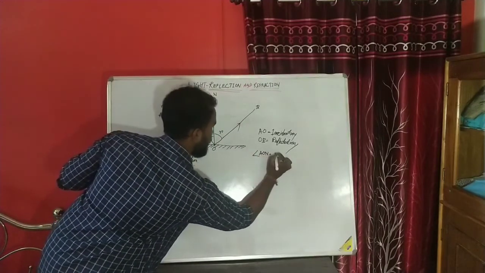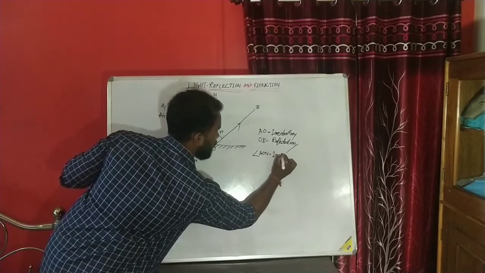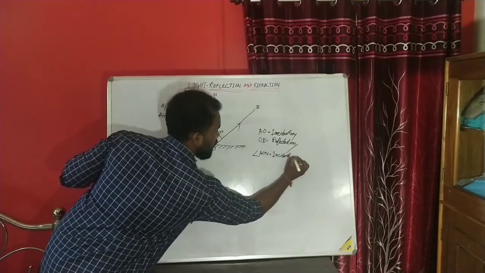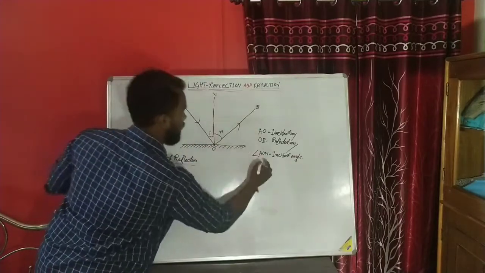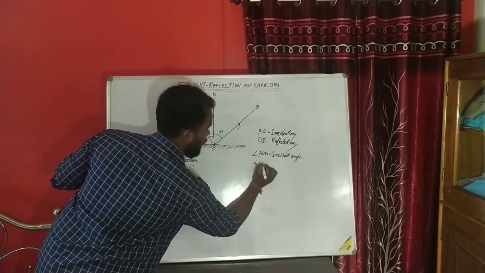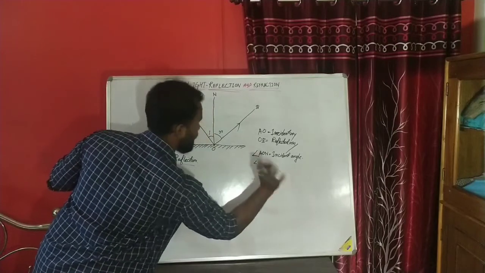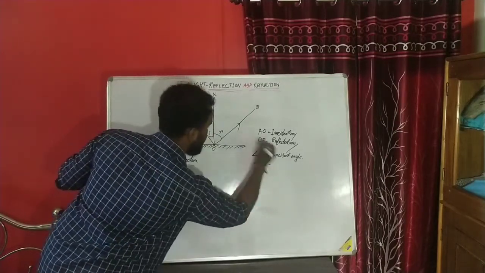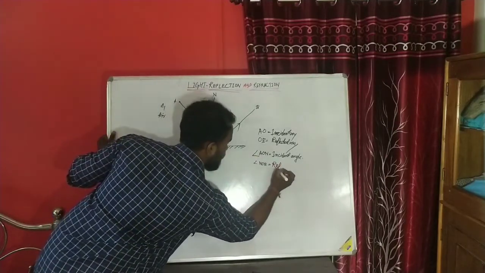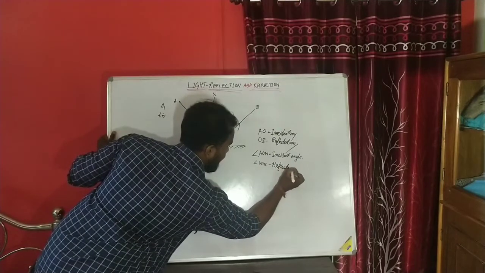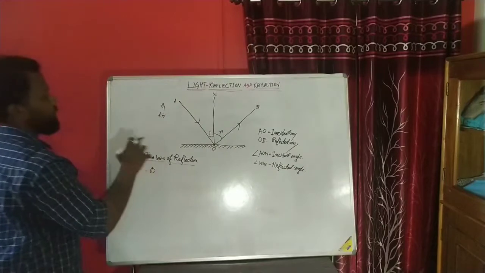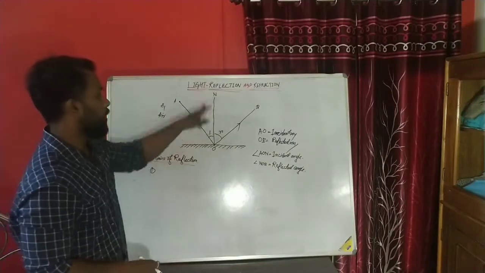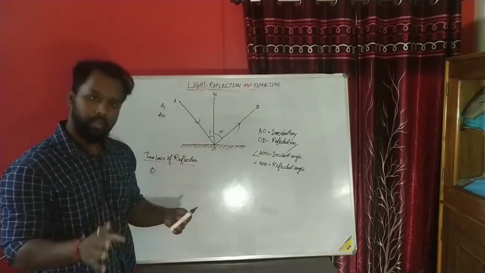Angle AON is the incident angle, and angle BON is the reflected angle.